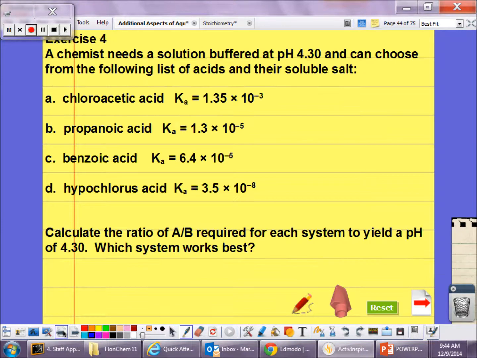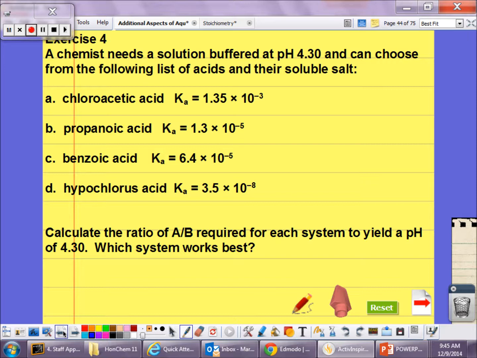You know what? I don't want to come back to this. Let me at least tell you what to do here. They ask you, a chemist needs a solution buffered at pH 4.3 and can choose from the following list of acids and their soluble salt. So you have acid and soluble salt. Calculate the ratio required for each system to yield a pH of 4.3.